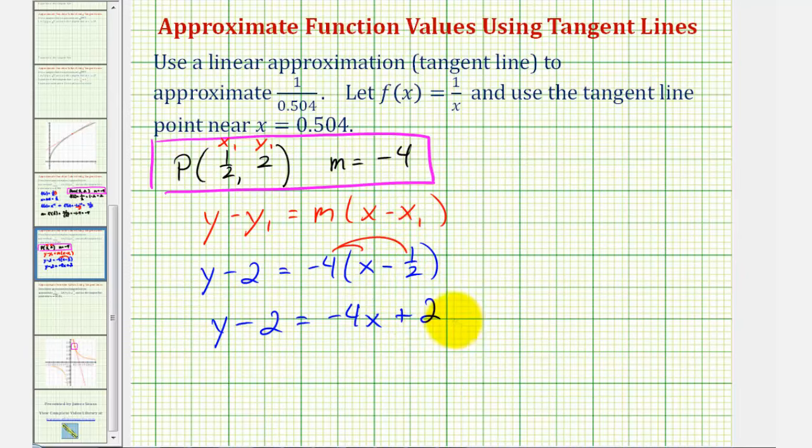Adding 2 to both sides of the equation, a linear equation is y equals -4x plus 4. So we'll go ahead and write this as a function. We'll say L of x, the equation of our tangent line, is equal to -4x plus 4. So now we'll evaluate the tangent line at x equals 0.504 to make the approximation for our quotient. Let's go and do this on the next slide.